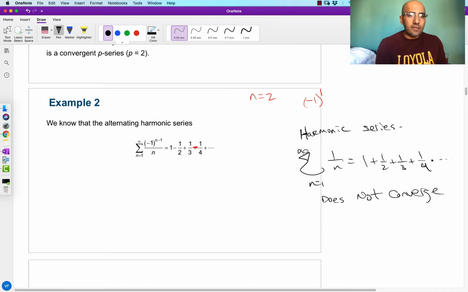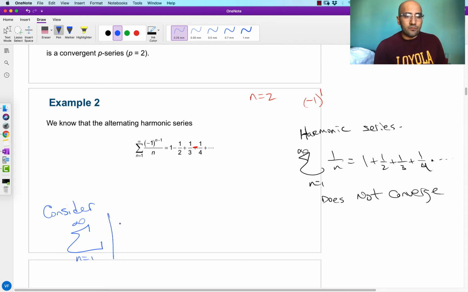Okay, so let's go back to the context we're working with. Let's consider this new series, n goes from 1 to infinity of the absolute value of -1 to the n minus 1 all over n. Well, that just turns it into exactly the harmonic. This is going to strip away all the negatives from each of the terms, and we'll end up with 1 plus 1/2 plus 1/3 plus 1/4 and so on.